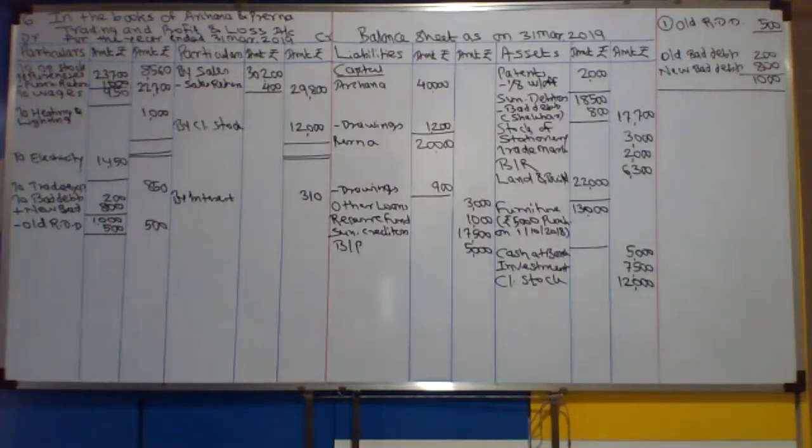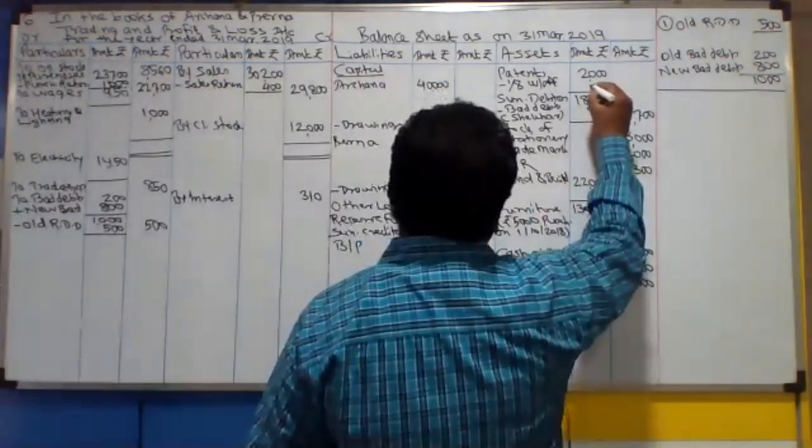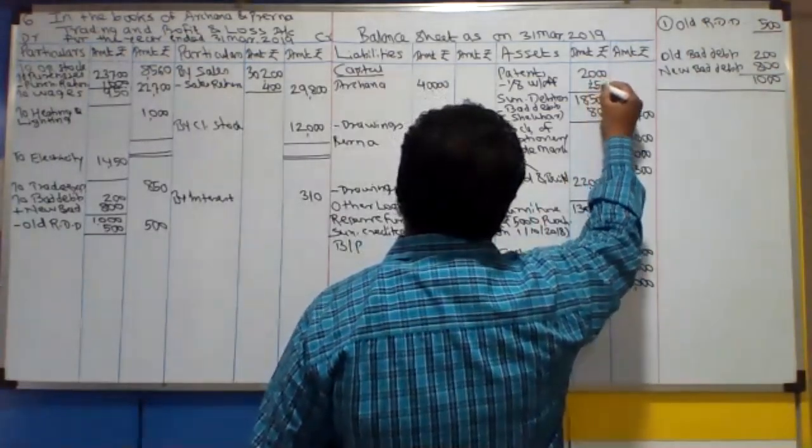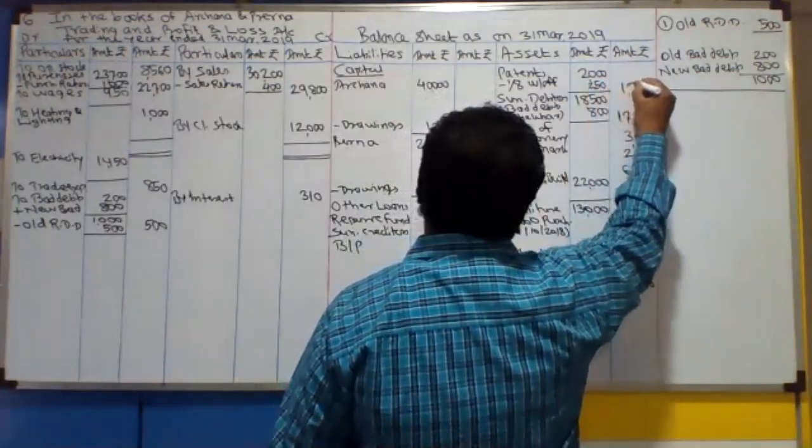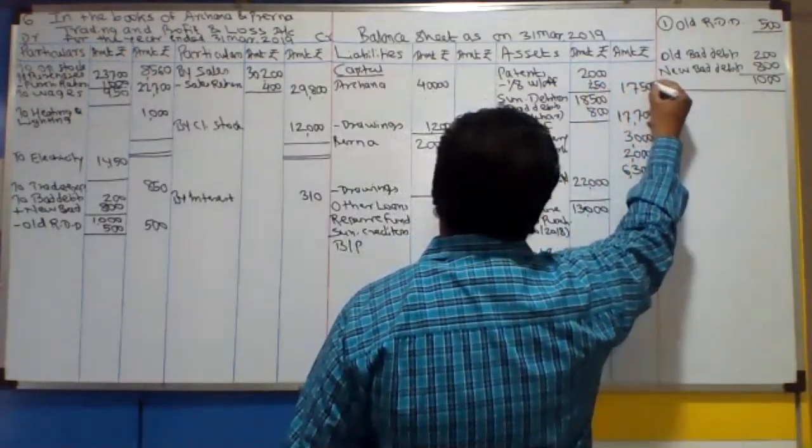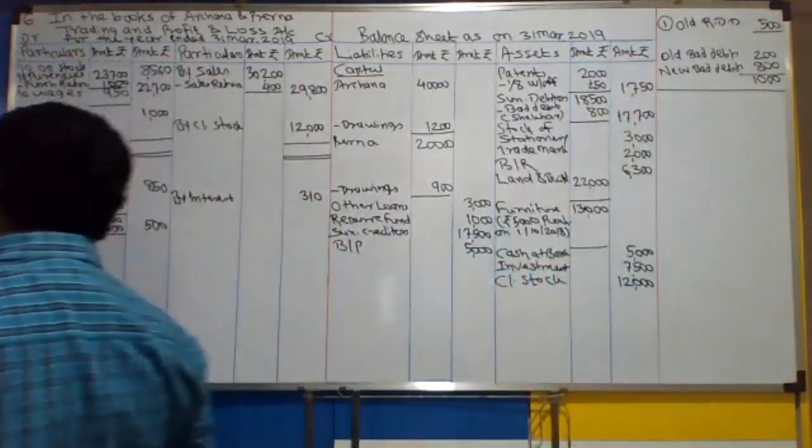Calculate करून मला सांगा किती येतं. It is 250. Yes, 250, less from patents and written off.